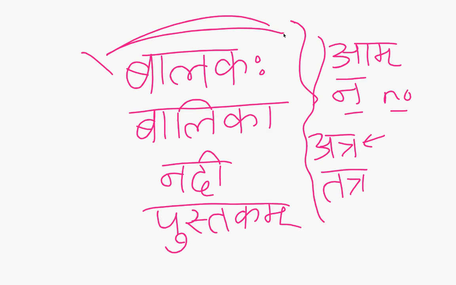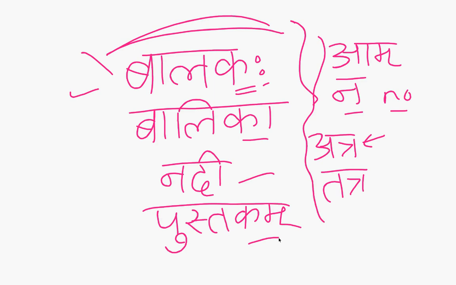But having said that, coming back to these words which refer to some object, they could be pullingam, they could be strilingam, or there could be napunsaka. But just by looking at how it ends, like a and visarga, a, e, it is not definitely possible to say that it is a pullingam, a strilingam, or a napunsaka.